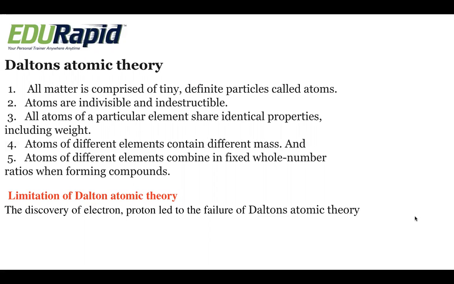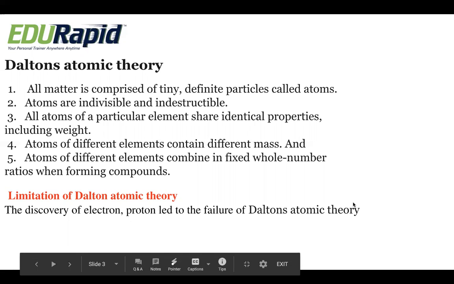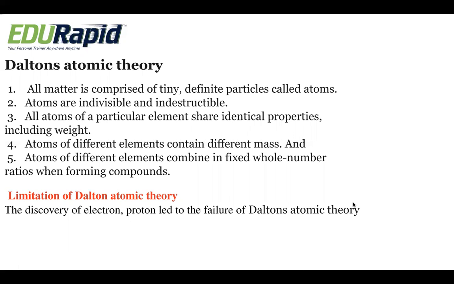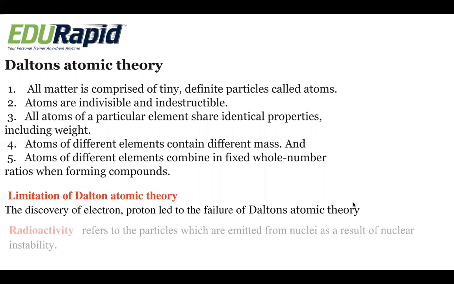But Dalton said that the atom is indivisible. So this point failed after the discovery of the electron and the proton. This was one of the limitations of Dalton's atomic theory.